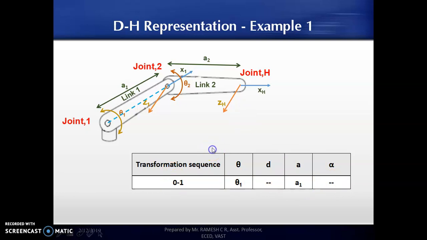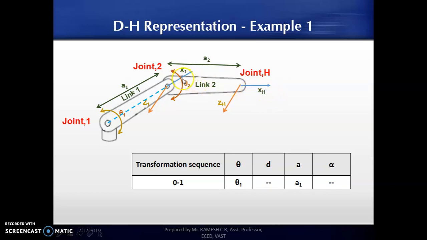Now let us look at the next set of transformations, from joint 2 to joint h. Here I have x1 z1 and xh zh. In this position the first principle is to align the x1 axis. I am going to rotate x1 alone, because I need to align x1 to xh.